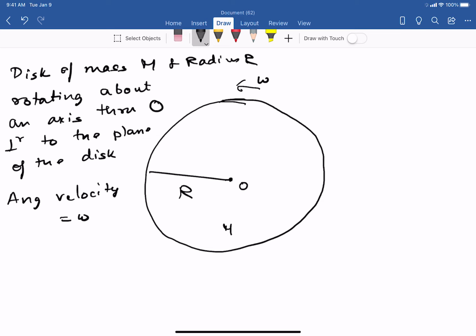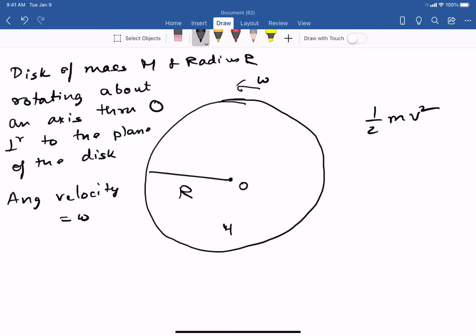All right, now we want to find out the kinetic energy of this disk. Now the only formula we know for kinetic energy is half mv squared. Will that work here? What is the velocity of the center of mass of the disk? When we have had extended objects before, we've just considered the velocity of the center of mass of the object. So what is the velocity of the center of mass of this disk?